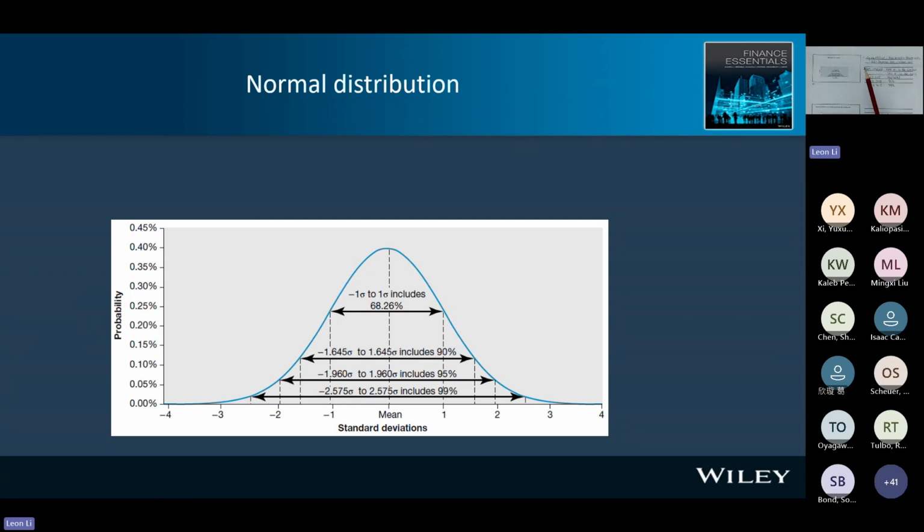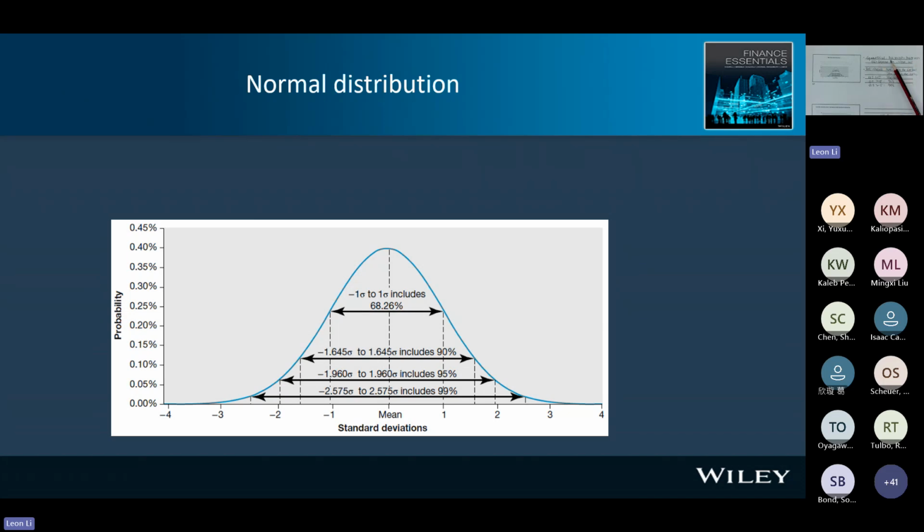So first, symmetrical. Symmetrical means, for me, it's like a balance. You can see the mean is our ER. So the probability of an observation lower than ER is equal to the probability of an observation higher than ER.